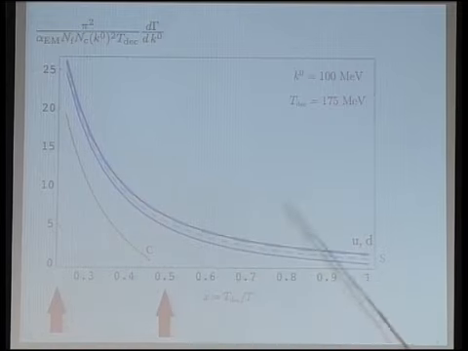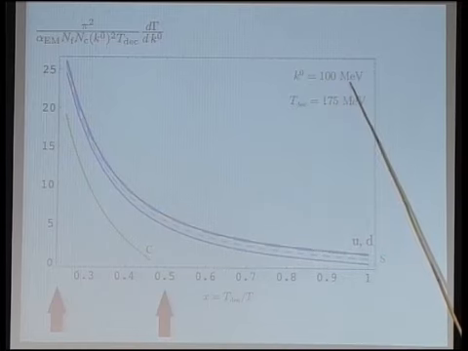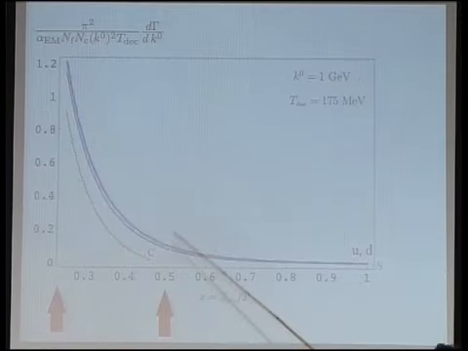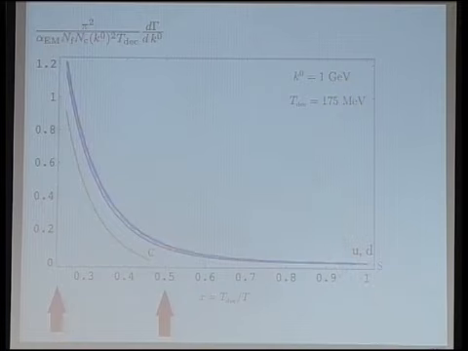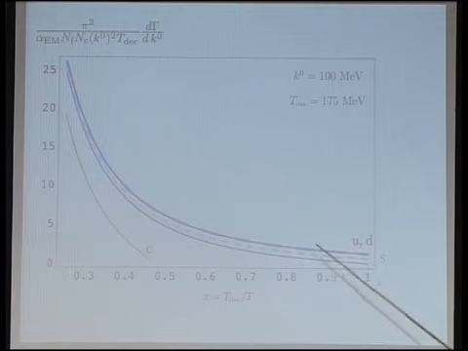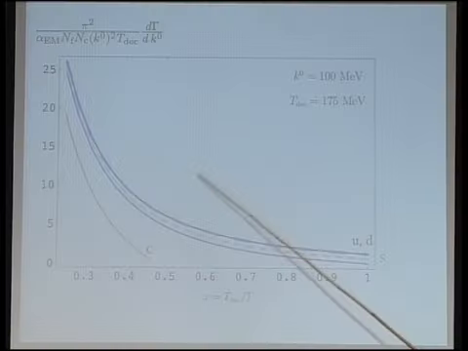And this graph corresponds to photons of energy 100 MeV. This one here, which you see is very similar, corresponds to photons of 1,000 MeV. And these two different curves correspond to the prediction you would get from this model for quarks with masses equal to the U quark, the D quark, the S quark, and the charm quark. Is this clear?